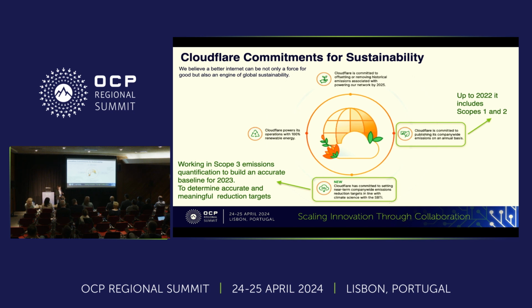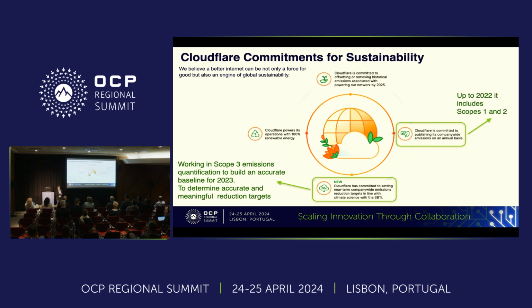In order to make these reduction targets more meaningful, we started working with our ODMs to understand what our scope 3 is, this everything else category, what our cradle to gate impact is, and how we quantify it.